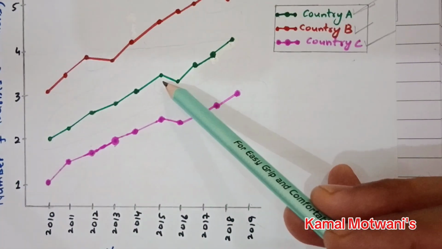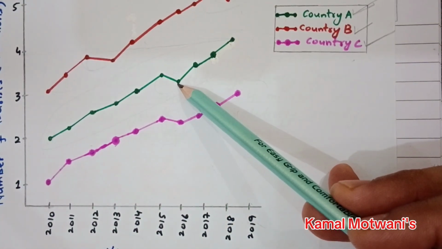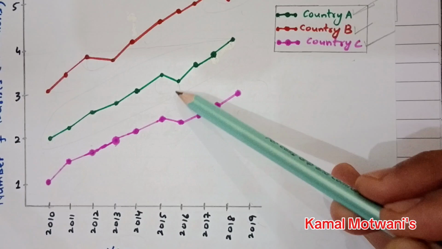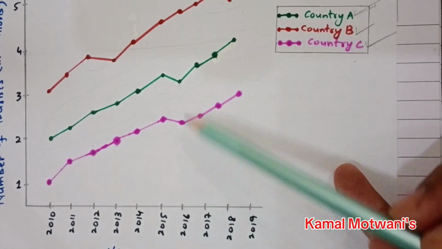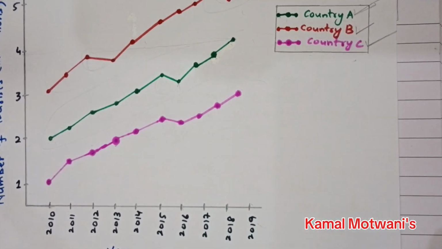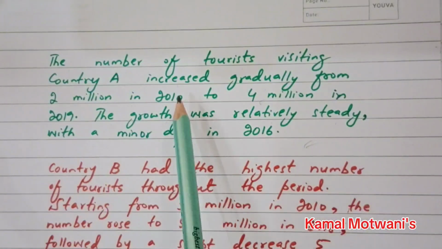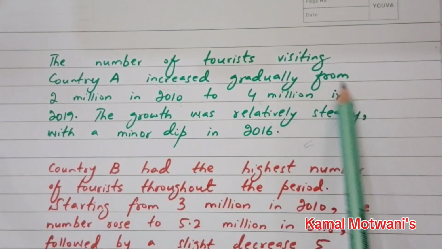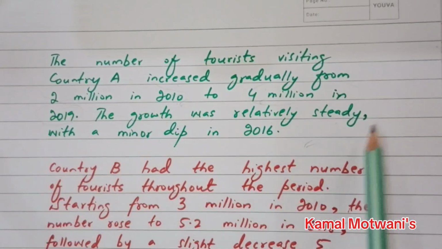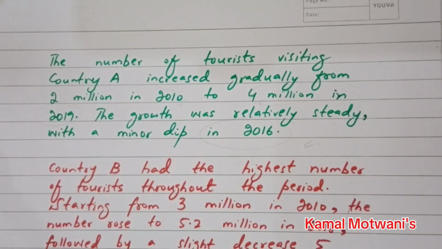In 2016, that's the minor dip. Now that's where it started from, that's what its peak is, then the fluctuation. That's how we formulate the paragraph while using beautiful words.